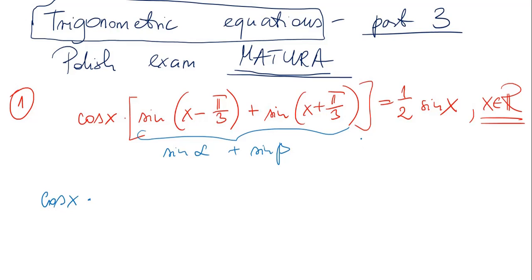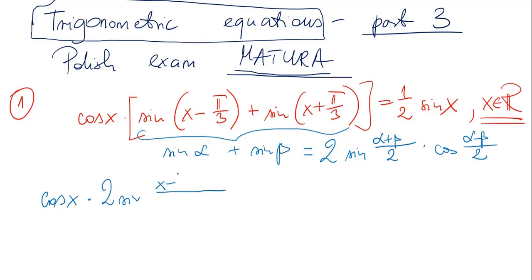Let's see the formula again. It's 2 sine of the sum of the two angles, alpha plus beta by 2, times cosine of alpha minus beta by 2. Alright, so we are going to use exactly this formula for this equation.